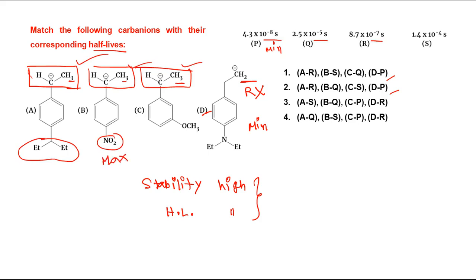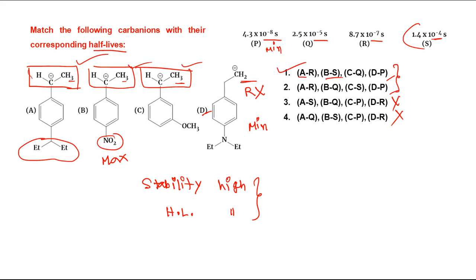Now B is related to maximum stability. That means if you look at 10 to the power minus 4, this is minimum, so the overall half-life value is basically high. So B should be related to S. Now we have already chosen 1 and 2, and these two we have cancelled. Now B is related to S, which we get in option 1. So that is why this should be the correct option, option 1.